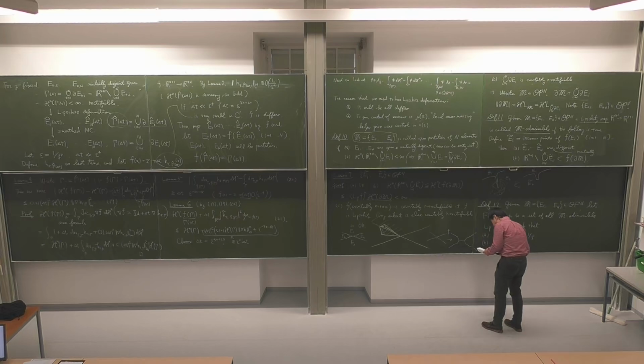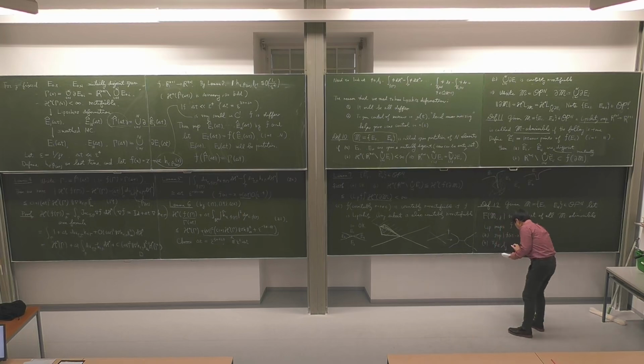And the next is that for any phi which is in script j, we have this integral reducing property.